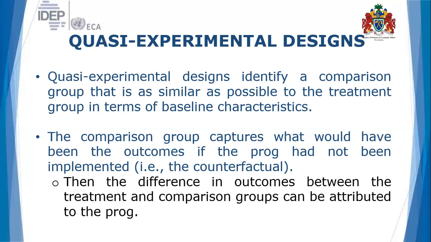What should have been the condition? What should have been the state of affairs? What should have been the outcome in the absence of the program, or had the program not been implemented? Then the difference in outcomes between the treatment group and the comparison group can be attributed to the program.